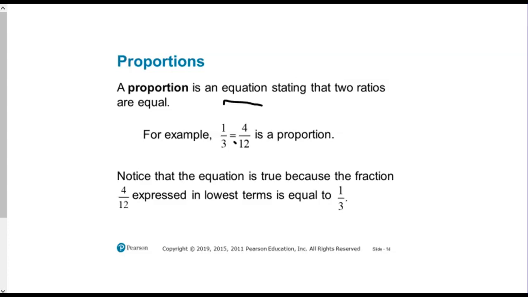It's just going to make more cake or whatever it is that you're making. And so we use proportions all the time. Notice that the equation is true because 4/12 expressed in the lowest terms equals 1/3. And as with all equations, they are balanced and equal each other.